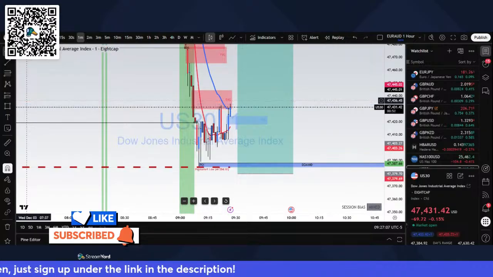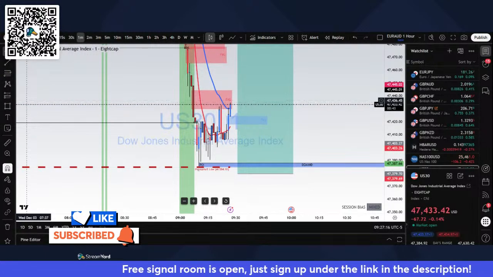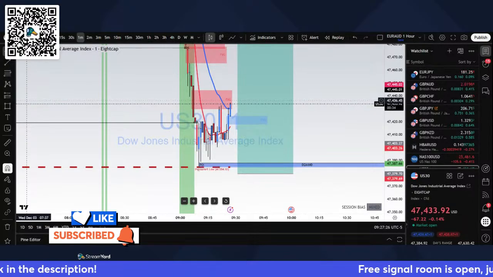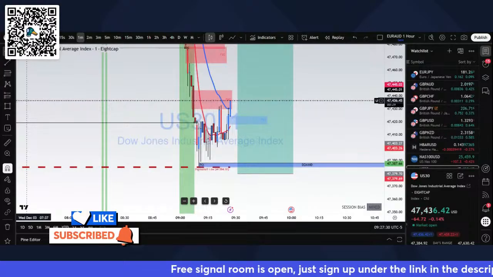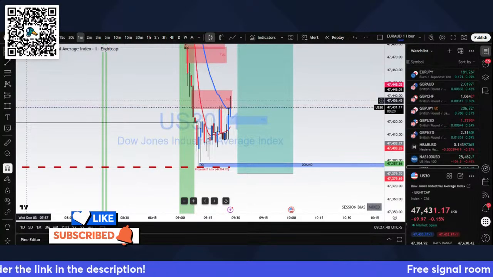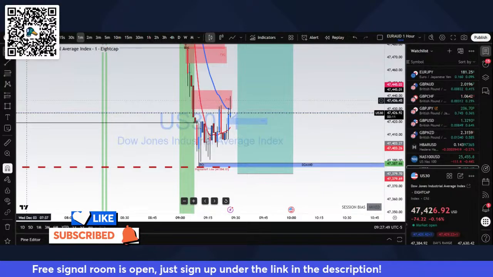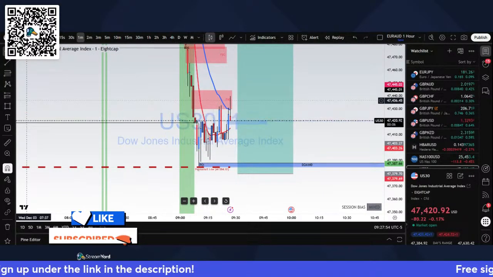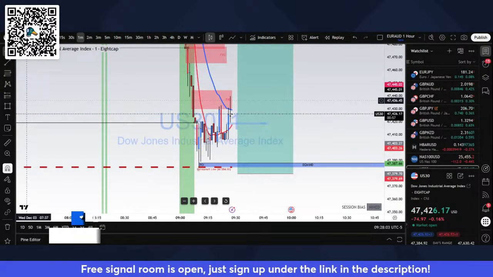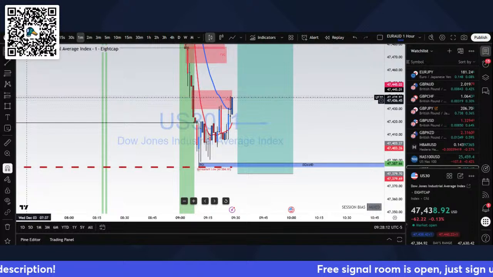I hope it gives us our entry here before it heads up. Looks like we're going to head up.